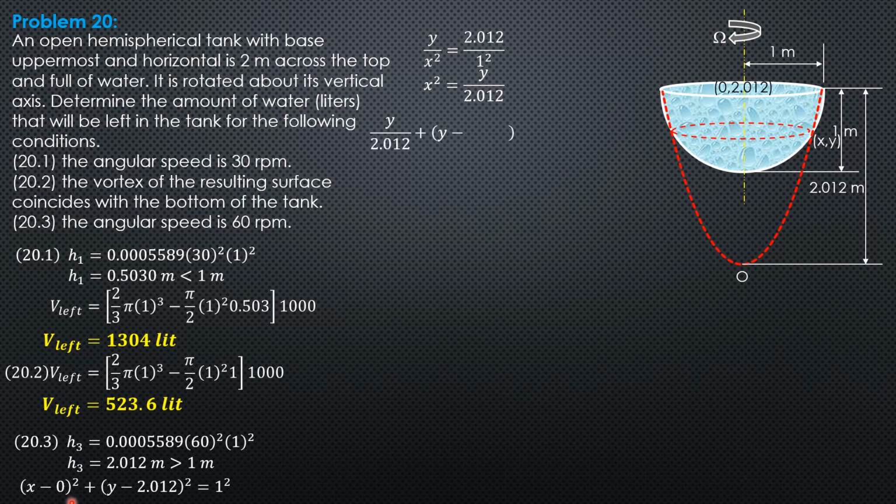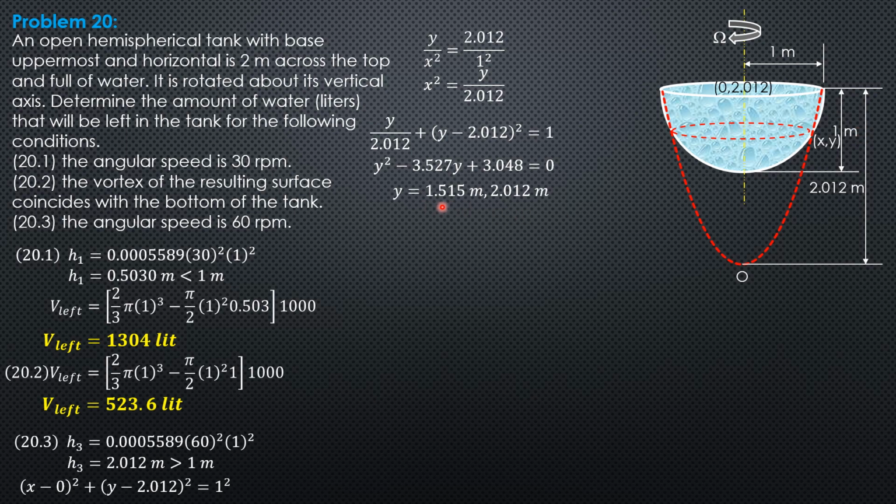So y over 2.012 plus quantity y minus 2.012 square equals 1. Simplifying this equation, y square minus 3.527y plus 3.048 equals 0, giving two roots of y, 1.515 meters, and of course 2.012, because this is the other intersection.